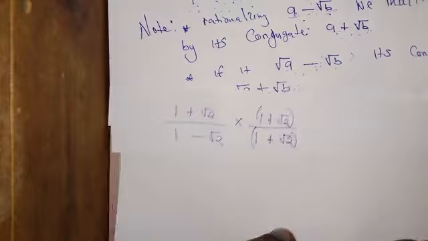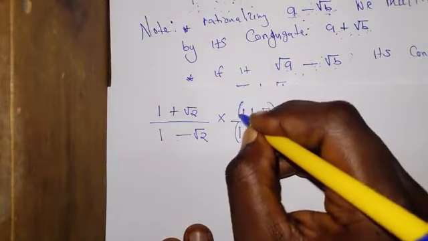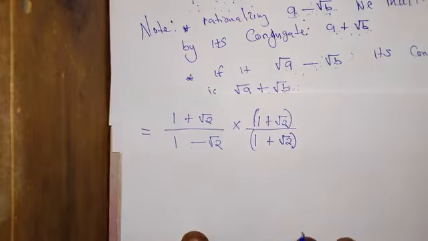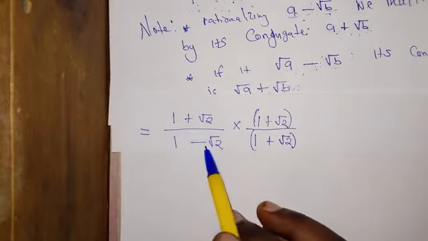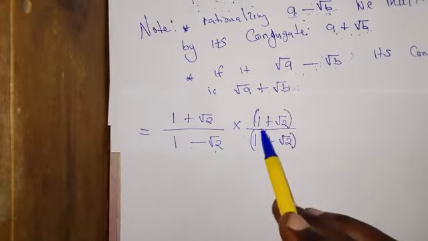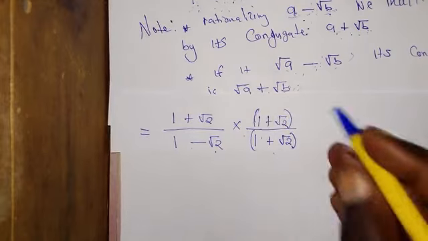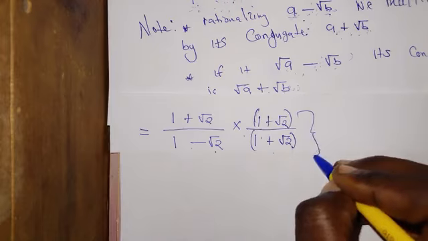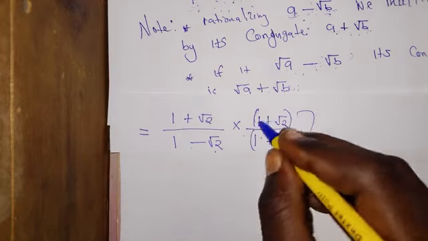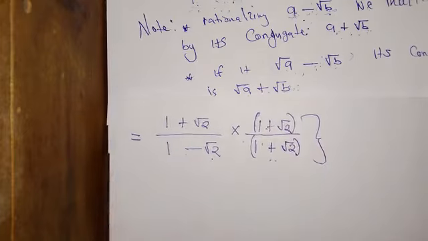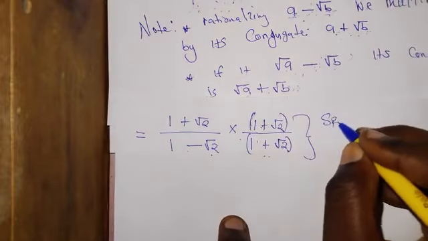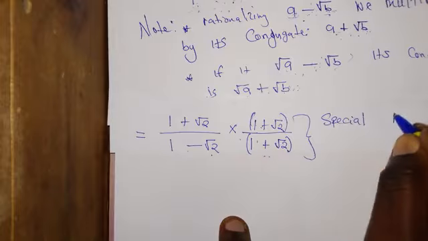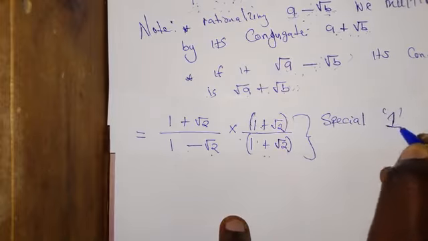So now, look at this. What are we having now? We are having 1 plus root 2 over 1 minus root 2 multiplied by 1 plus root 2 over 1 plus root 2. What is this guy? This is 1, this divided by this. This is also a special 1.